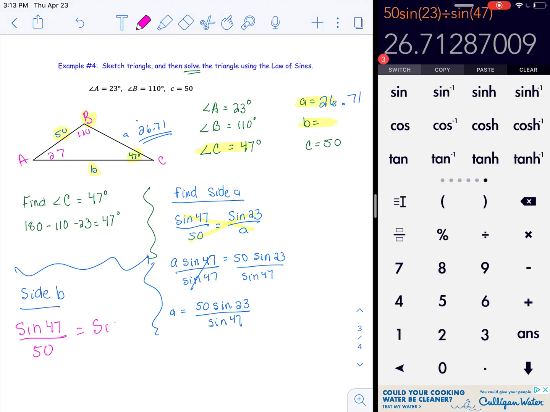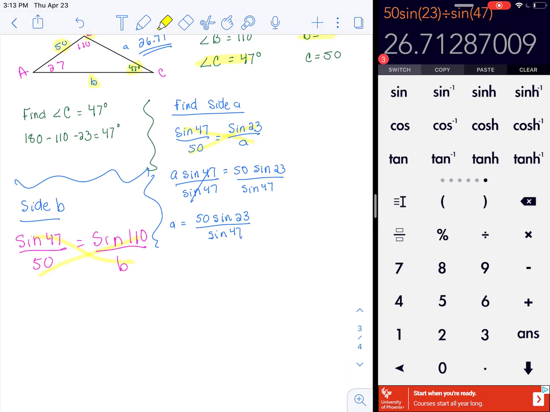So I'm going to have sine of 110 degrees all over B. I can now cross multiply, and I'm going to get B sine 47 equals 50 sine 110. Divide, and I'm going to get B is equal to 50 sine 110 all over sine 47.